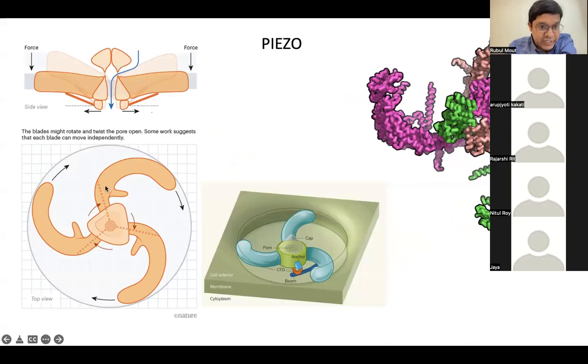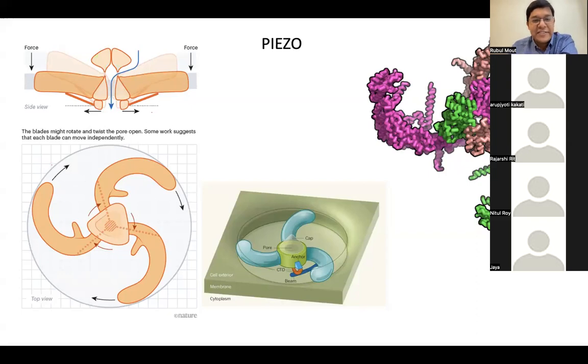These blades rotate, and during that there is a pore here, and when the blades rotate, the pore opens. When the pore opens, there is a flash of ions moving in, and that's how there is a difference in voltage. The sensory system is basically a voltage thing, an electricity thing.